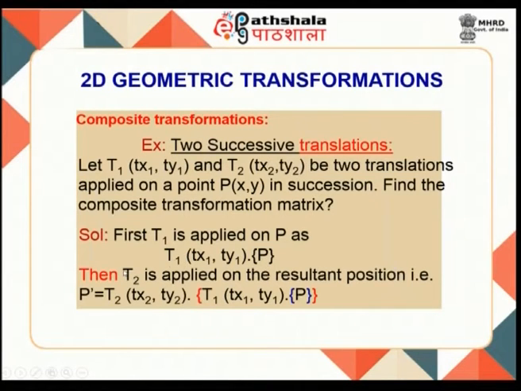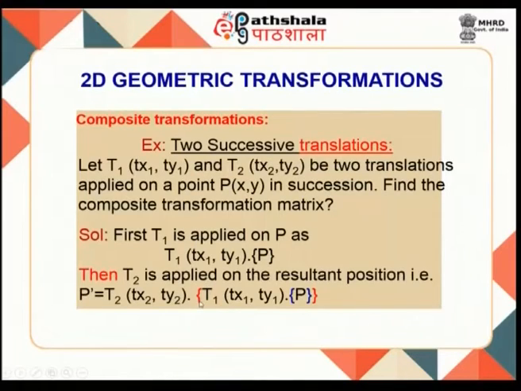Now we have to apply T2 again on the result. See these curly braces here in the second step: P dashed, the final coordinates, is equal to T2 with Tx2, Ty2 multiplied with T1 with Tx1, Ty1 multiplied with P. Please focus on the curly braces, the red ones.